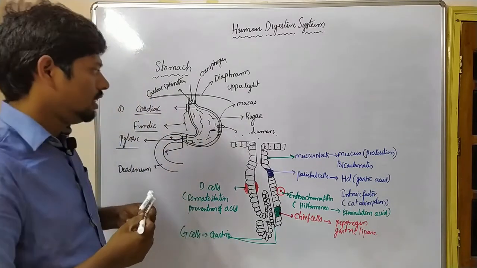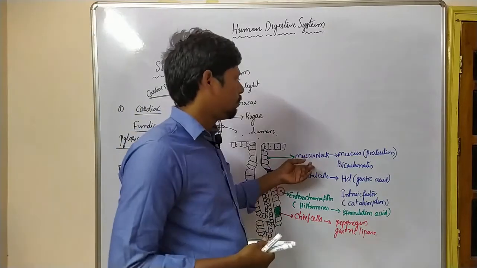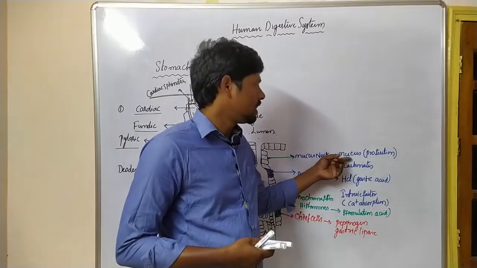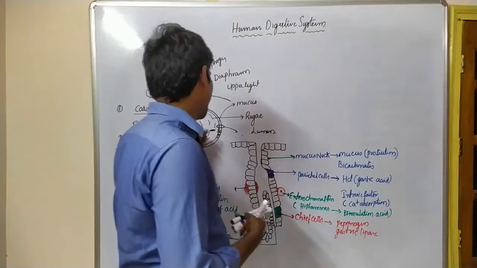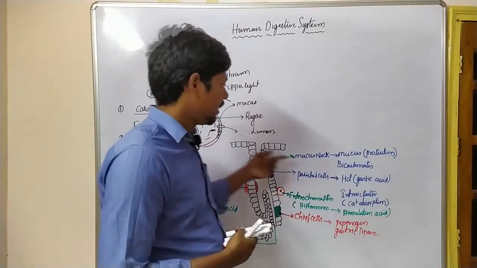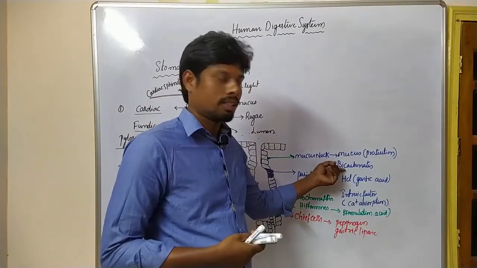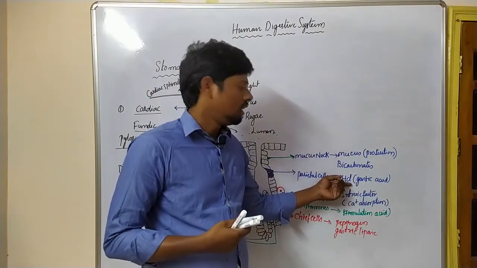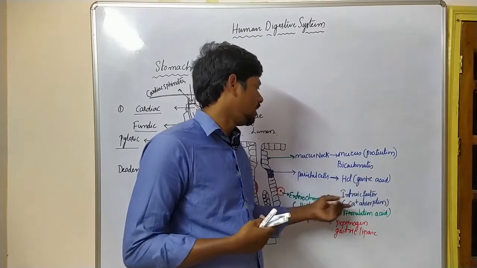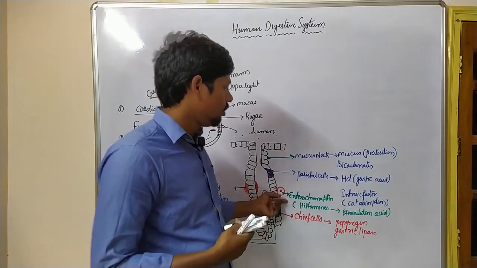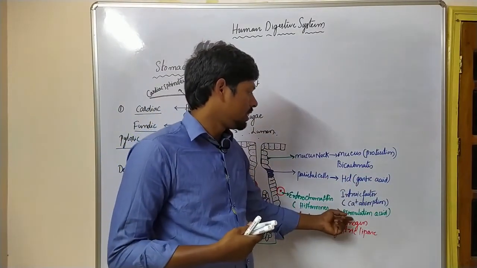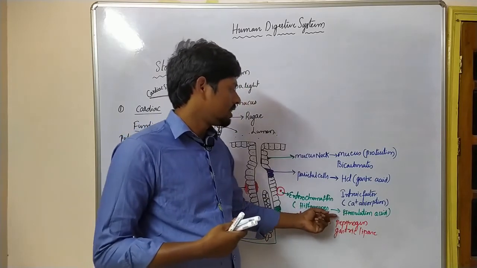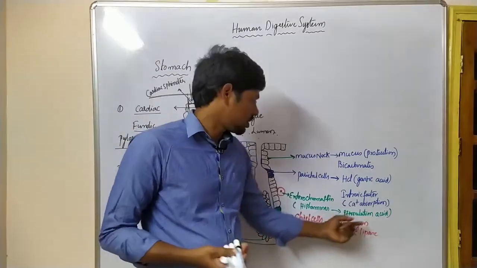Let us review once. Mucous neck cells produce the mucus, essential for the protection of the internal layers of the stomach, and also produce the bicarbonates. Next, parietal cells produce HCl, especially gastric acid, and enterochromaffin cells produce the histamines, which are essential for the stimulation of acid production.